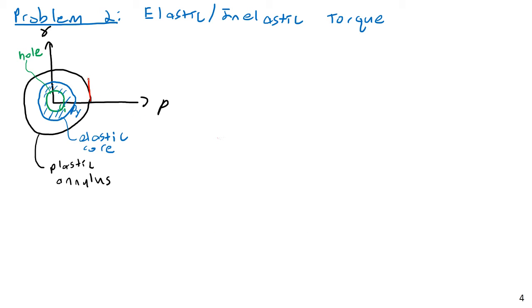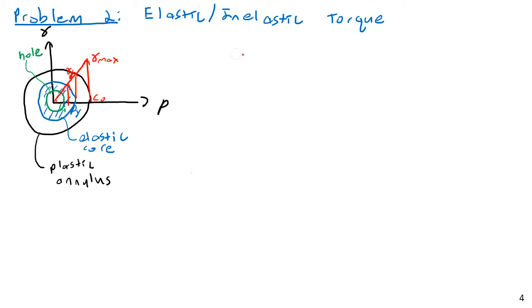Strain, it doesn't matter whether it's elastic or inelastic, is simply going to be linear. It's just going to increase all the way up, as much as needed here. At this point we'll have our gamma yield, and at this point we'll have gamma max. And then this is CO, the outer radius.